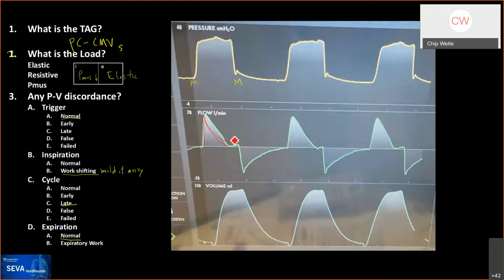Yeah, so you're talking about some of them, right? If the compliance and the resistance were not linear, and there was a change in the characteristics of the lung, either because there's recruitment, and so then suddenly there's an increasing flow in those areas.